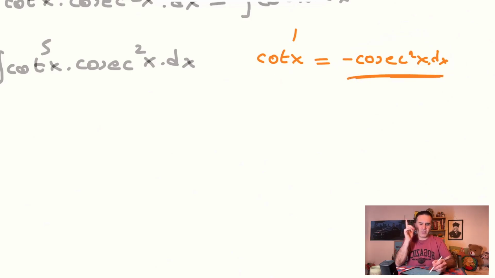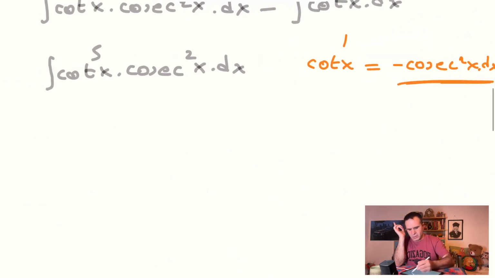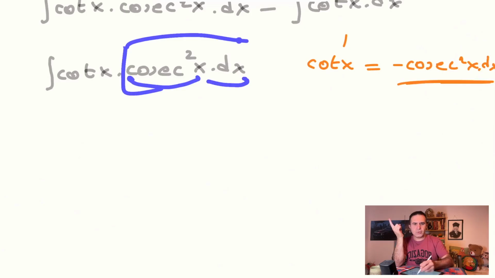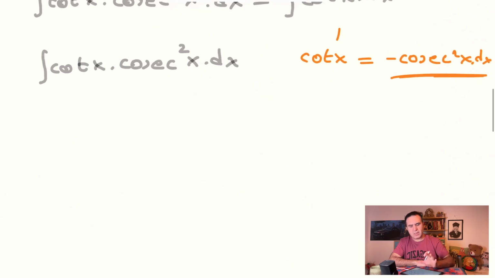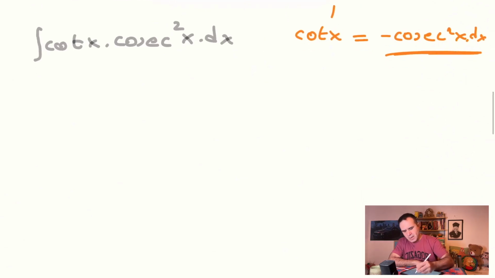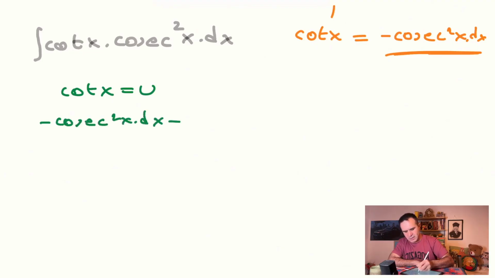If you have a function, and its derivative is multiplied by dx, you always use substitution method. So we use here the substitution. And how will we use it? We say that cotangent x is equal to u, and take the derivative of both sides, and minus cosecant square of x dx is equal to du.